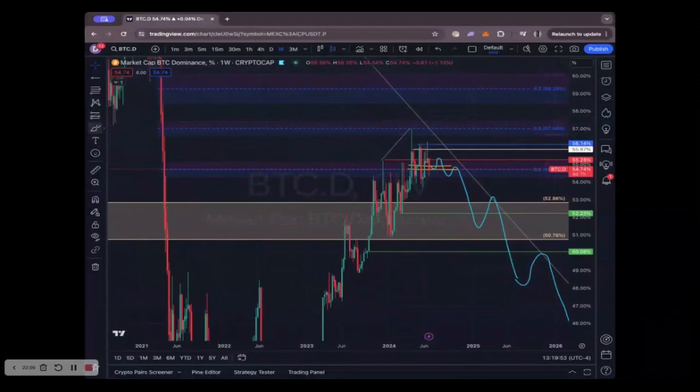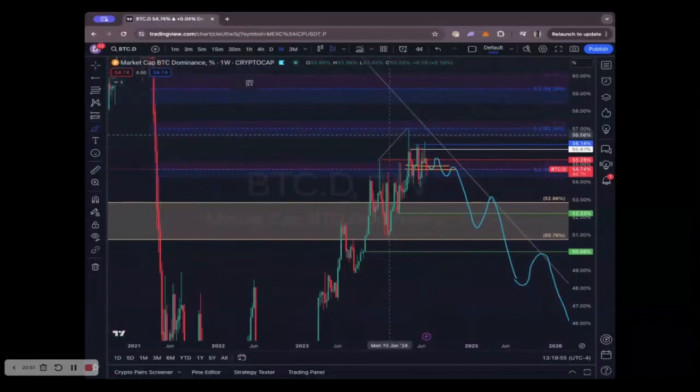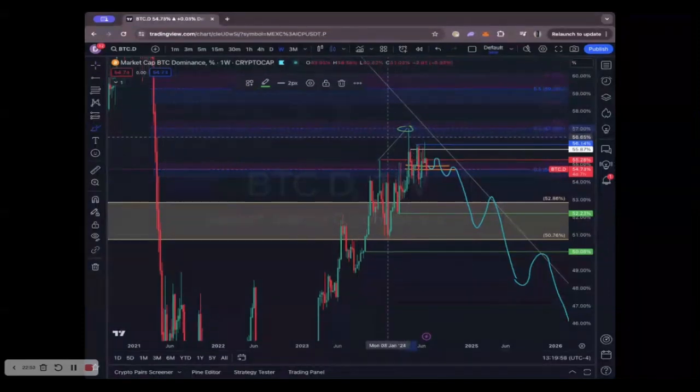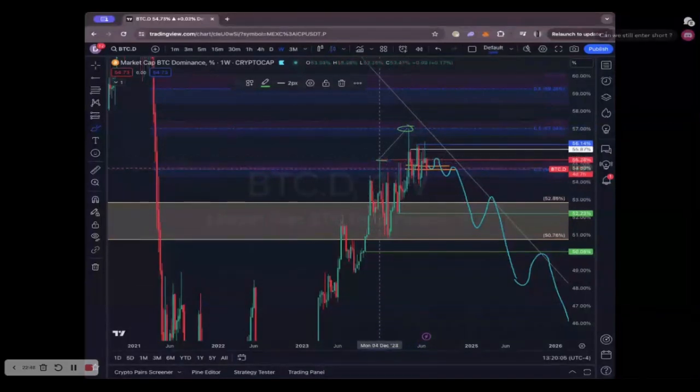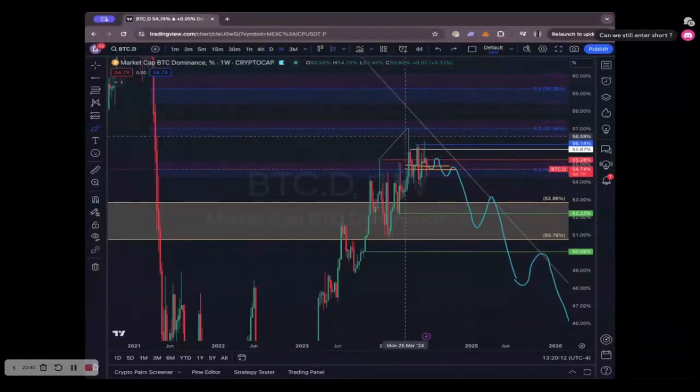The telltale signs to me are that on this weekly we had a CE rejection right here, which is a very strong sign of a bearish rejection. We also had a closure of rejection of another weekly here, and between the two, this creates what's referred to as a smart money reversal, where we would reverse the high time frame.